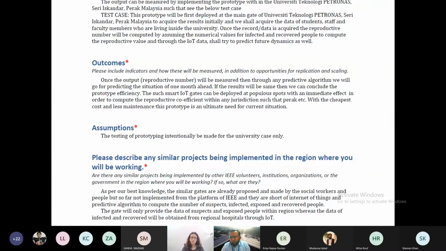The only thing, when I submitted this proposal, was that Juliana M. Picardo, a very famous name in the IEEE hack circle, I'm forgetting her designation, but she was corresponding through email. She asked me: you are getting the data of people within the university, so is it feasible?